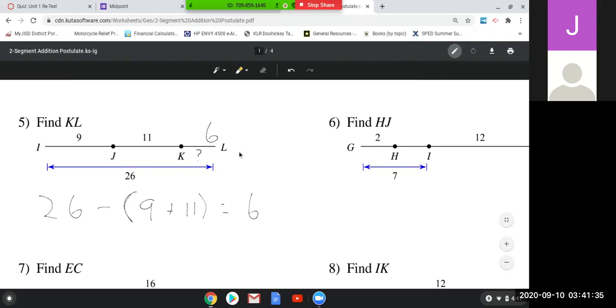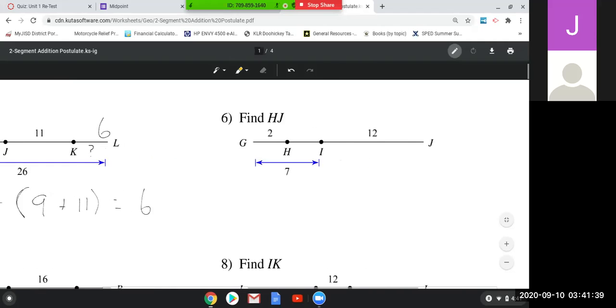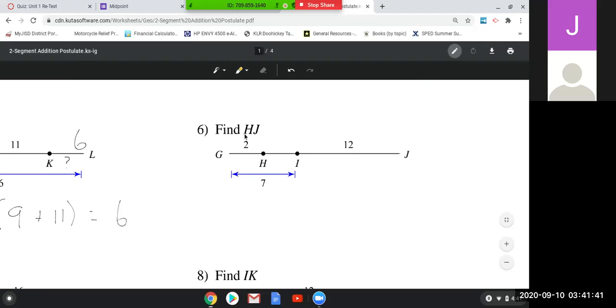All right, this next one is even more complex. It tells me to find HJ, which is this length right here from H to J. Part of that is 12. What I don't have is this part, and it's not so obvious. What I've got to do is use the fact that going from G to I is 7 units.